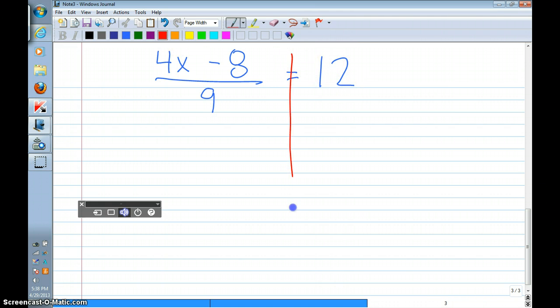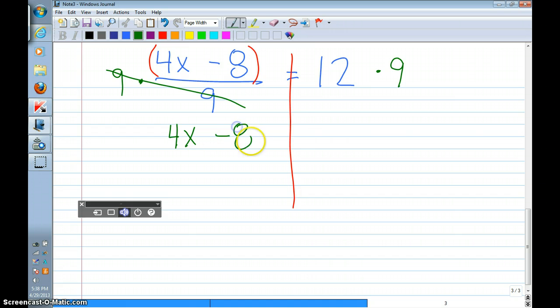Now, on these kind of problems, even though it doesn't have parentheses on the top, you have to think of these like in parentheses. And that's important, only for the top.